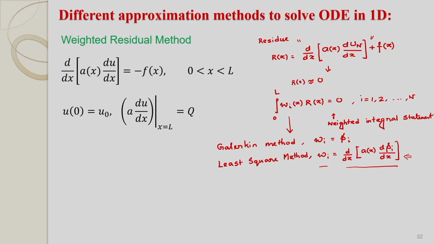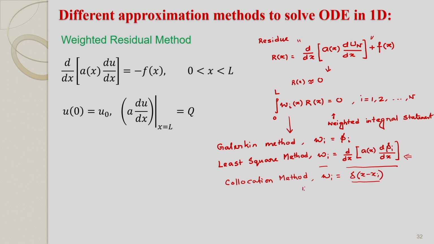Now, there is another method which is called collocation method, where Wi is this delta function.